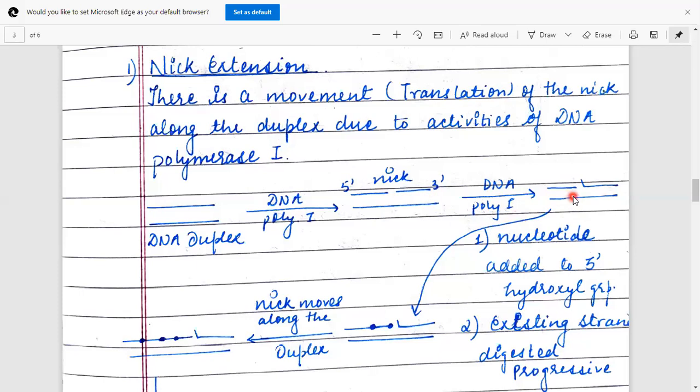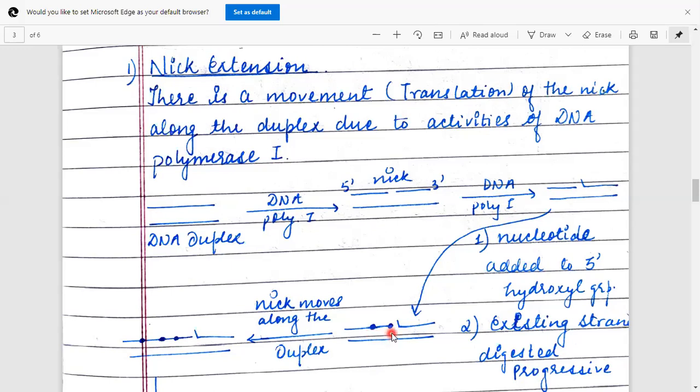We should remember the phosphorus, that alpha one, should be incorporated. With the nuclease action it is going to be displaced. So one nucleotide is going to be added, then a second nucleotide is going to be added.